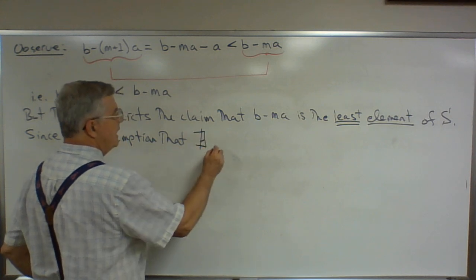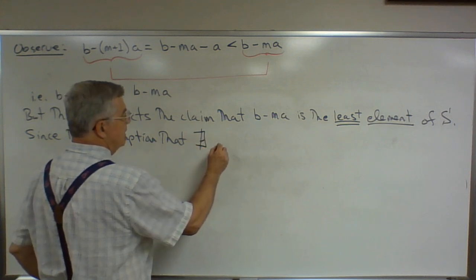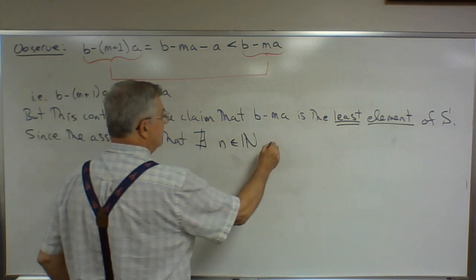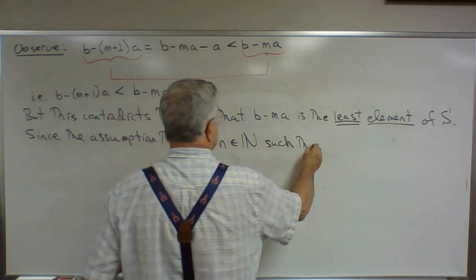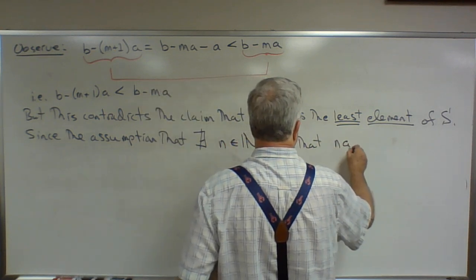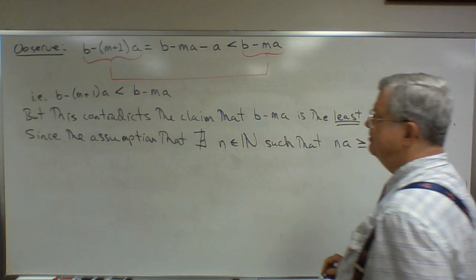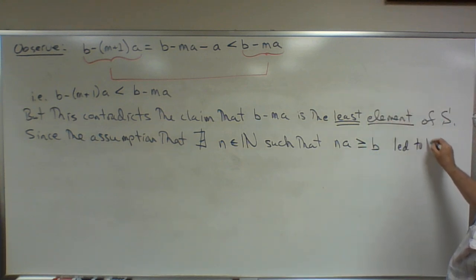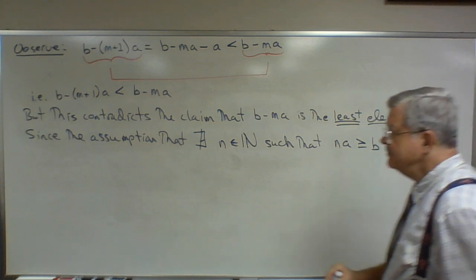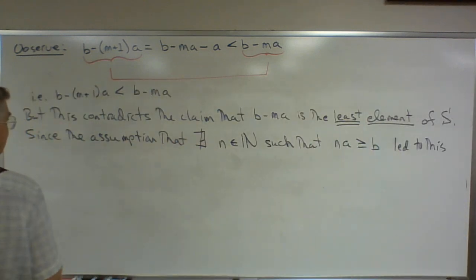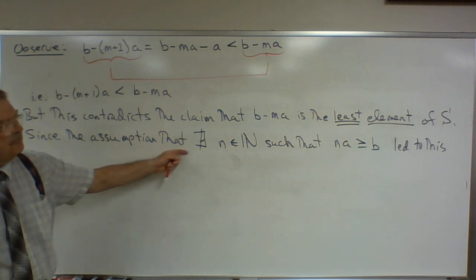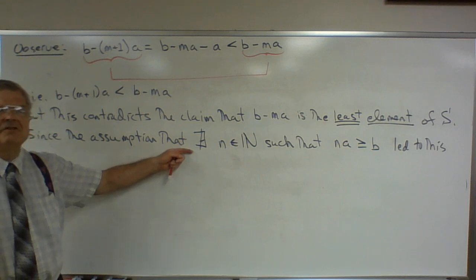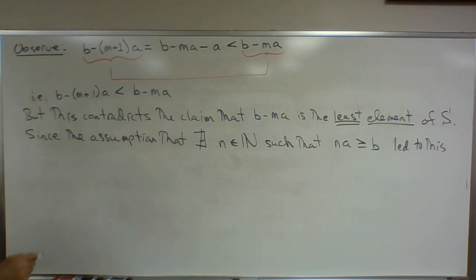We said there does not exist an n, a natural number n, such that na is greater than or equal to b. And this is the assumption that caused the contradiction.